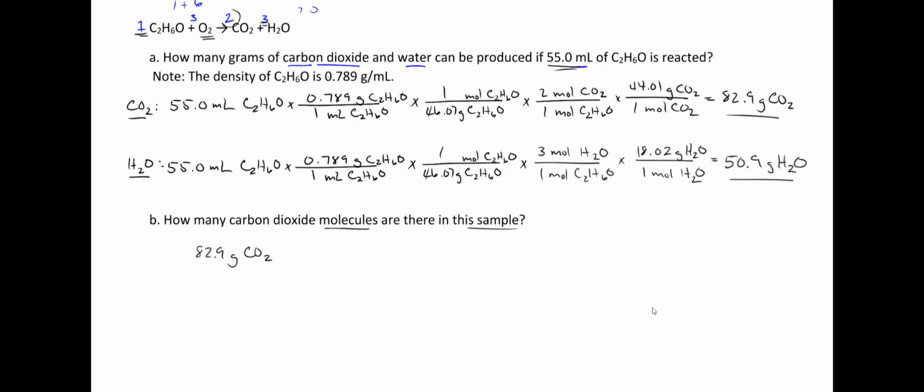If we want to find molecules, we first need to get this to moles. So we're just going to work backwards through the original problem here. So we know that there are 44.01 grams of carbon dioxide in a mole of carbon dioxide.